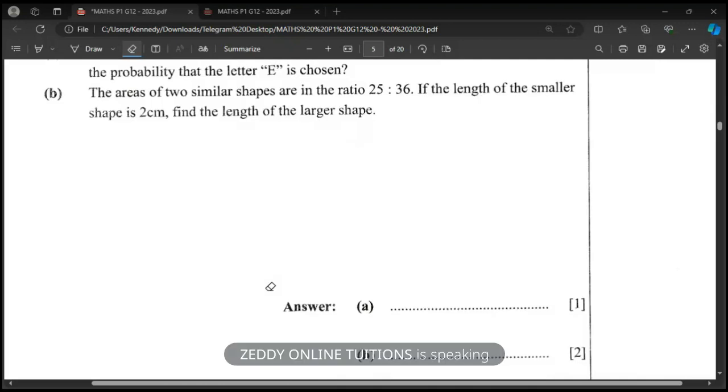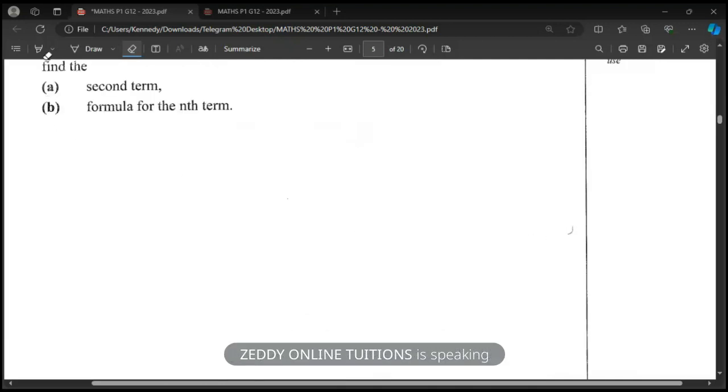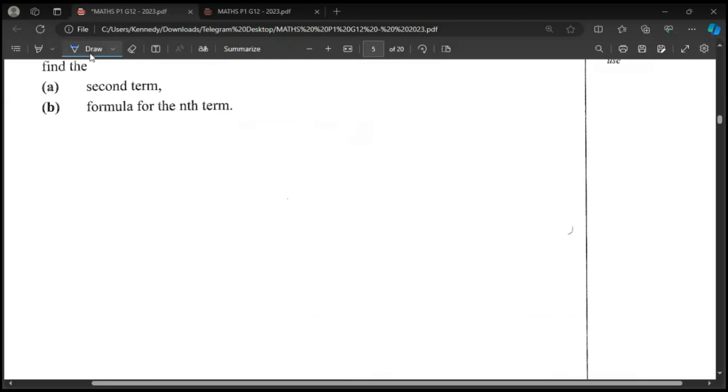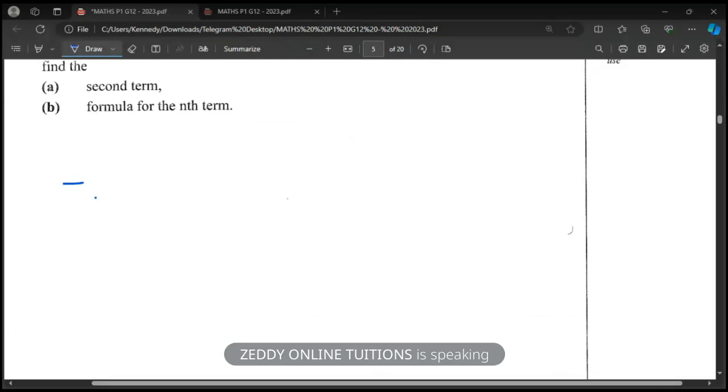I remember the last thing I did was ask what is 13 minus 25? Negative 12. So it is equal to 2D.